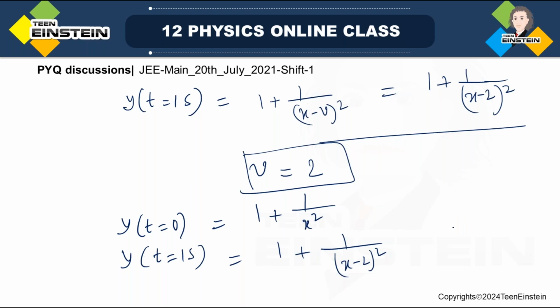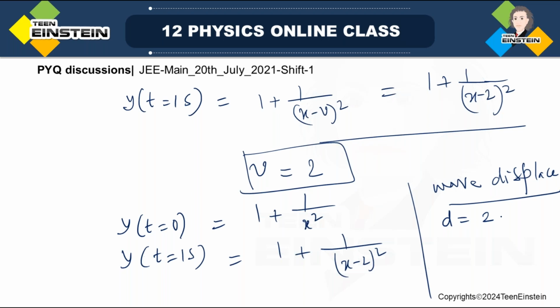So the displacement of the wave has become d is equal to 2 meter along the positive x direction.